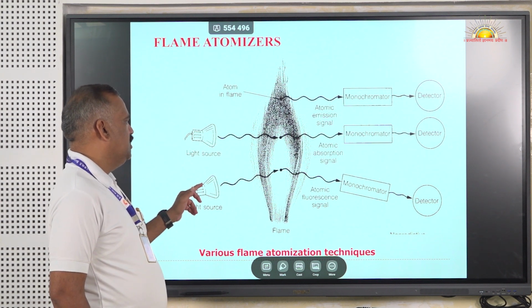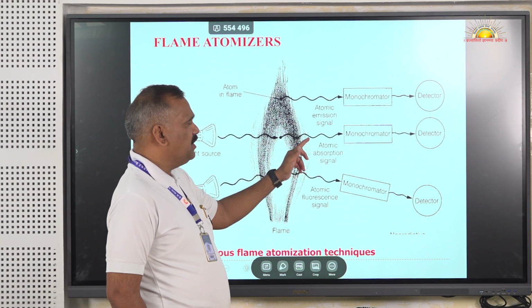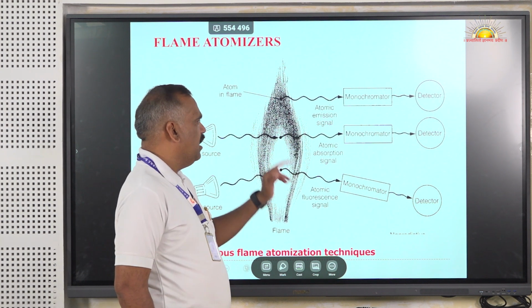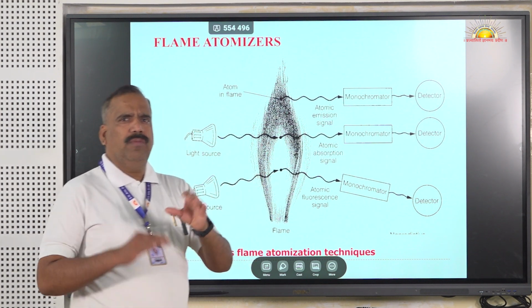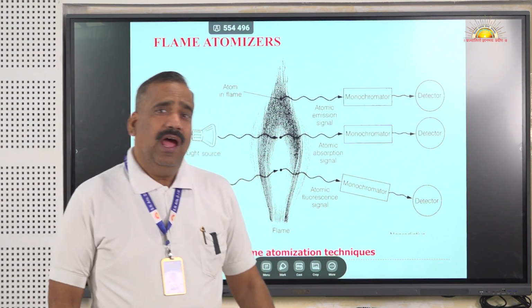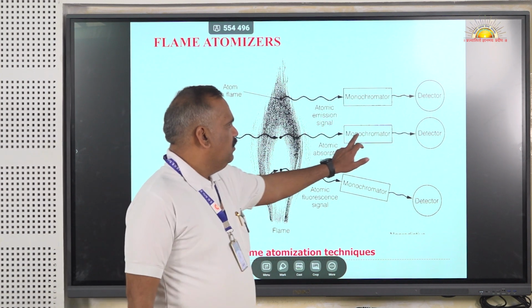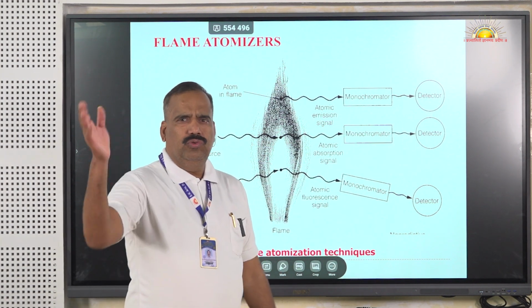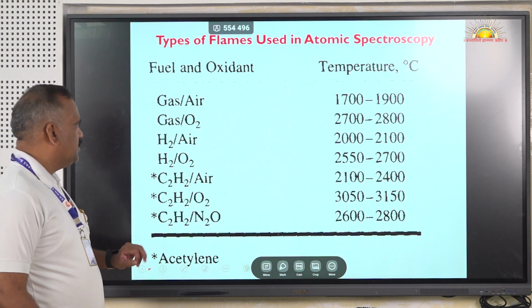Through that, the atoms absorb, and the atomic absorption signals are detected and go to the monochromator, where the intensity is increased. After the intensity becomes readable, it is detected by the detector and goes to the readout system. In this way the flame atomizer works.